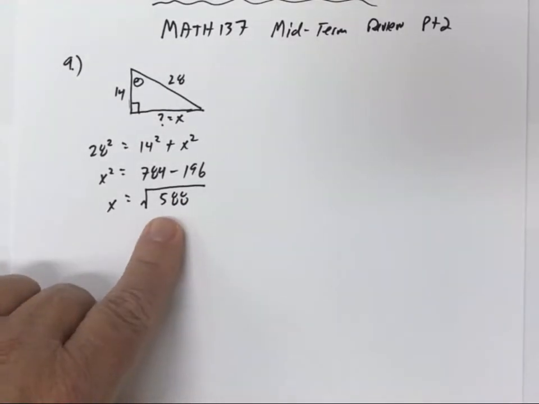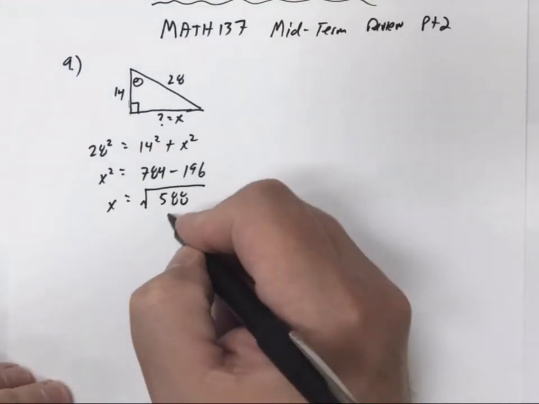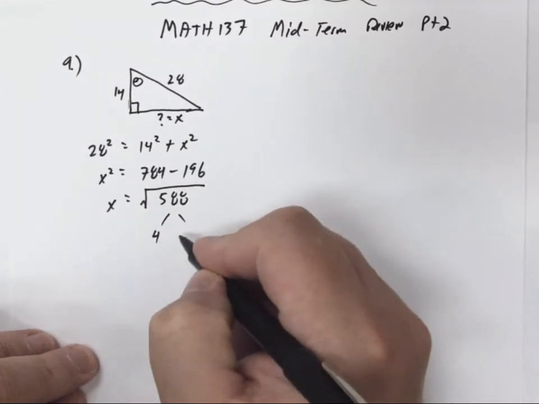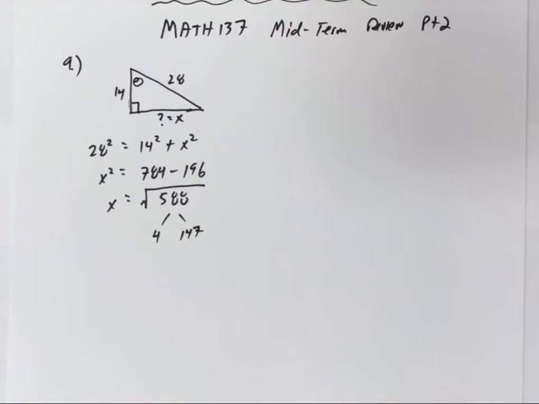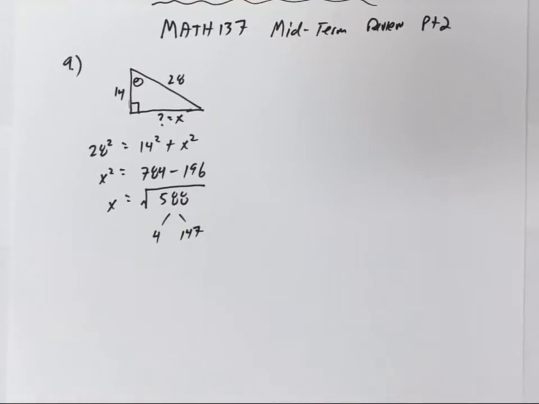Hopefully you remember how to simplify square roots. In other words, you see if you can break this up into 2 numbers where one of the numbers is a perfect square, a number I can take the square root of. I'm going to see about 4 to start with. As it turns out, I can have 4 times 147. Now just for fun, let me see if I can divide 588 by 9.